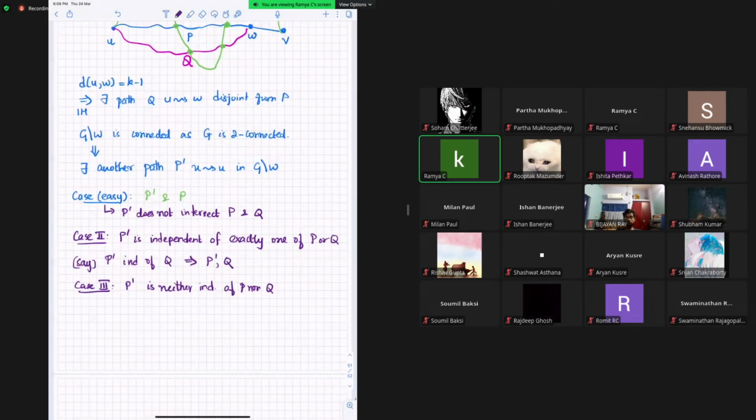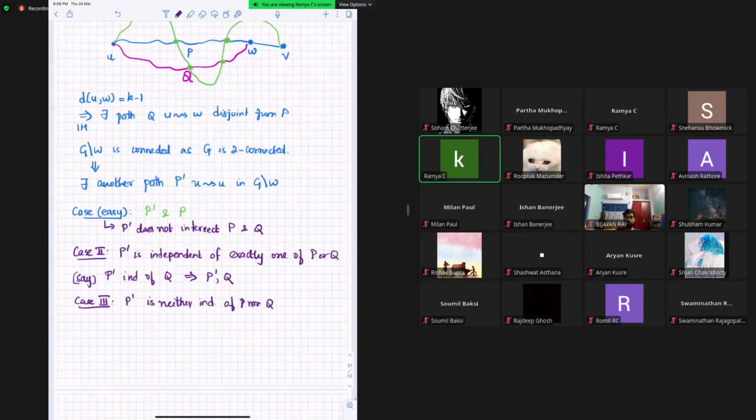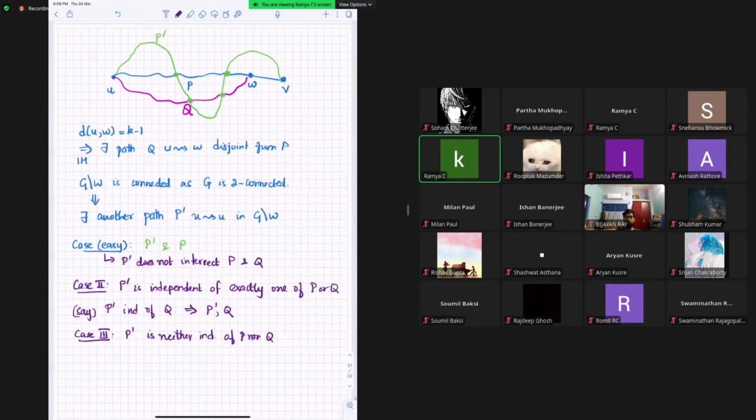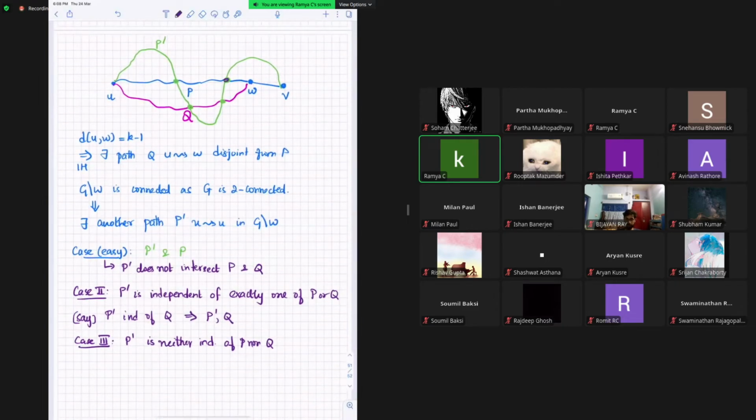So in this case, you know that P prime intersects P. So you are going to look at the last common vertex P prime has with P. Or you can also take it with Q, but I'm going to take this one. Let's call this X. So X is the last common vertex. Exactly what he said; he said the first common vertex. I'm going to talk about the last common vertex. Then you will get two paths.